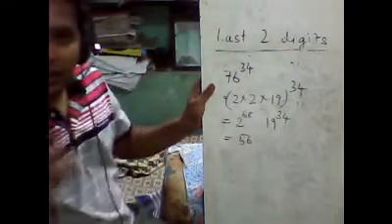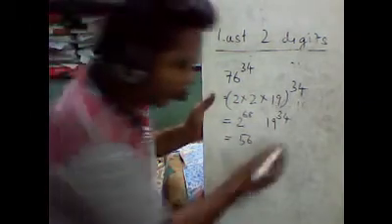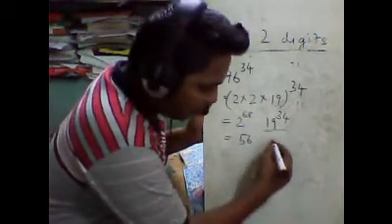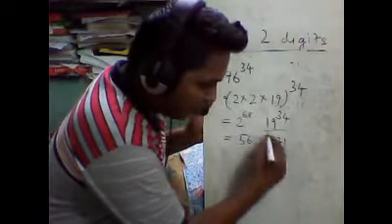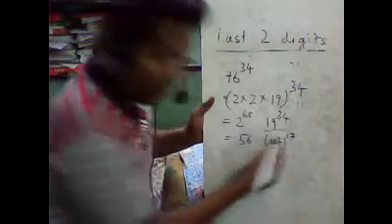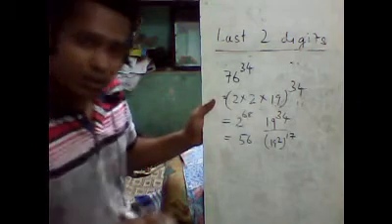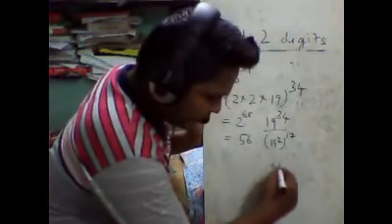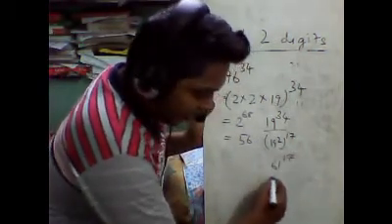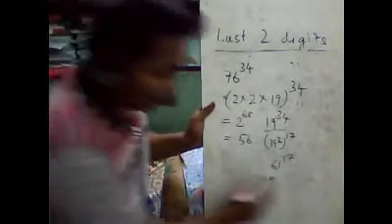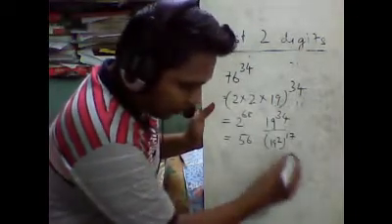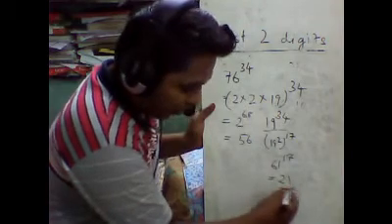We just need to find the last two digits of 19 to the power of 34. And 19 to the power of 34 is nothing but 19 square, the whole raised to 17. And 19 square is nothing but 361, the last two digits of which is 61. 61 to the power of 17, the last two digits are 1, 6 into 7, 42, so 21.